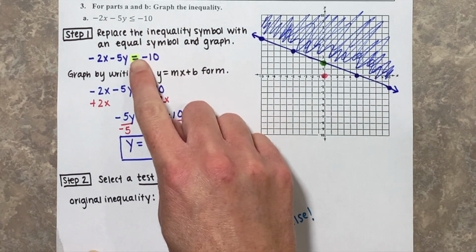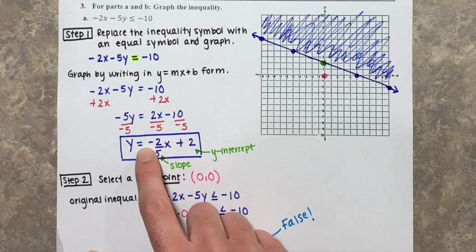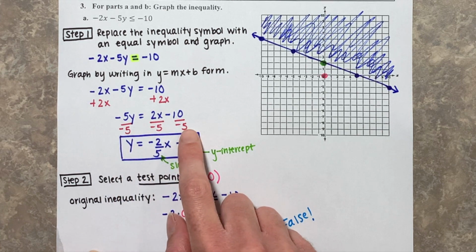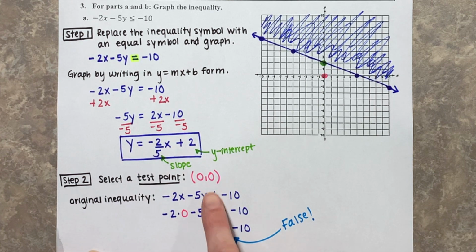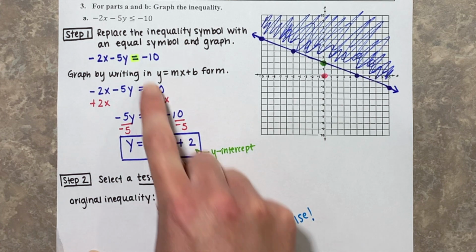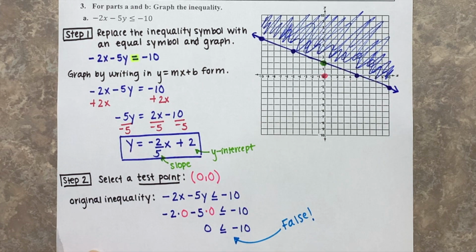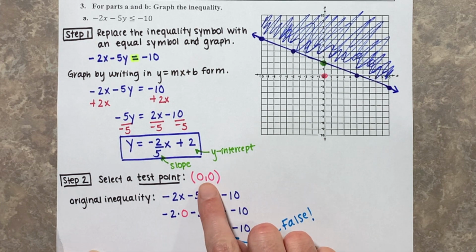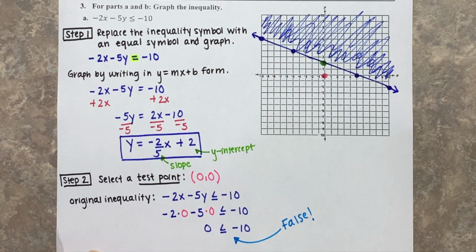If we had maintained that inequality symbol throughout our calculations here, when we divided by a negative, we would have had to flip the inequality right here. Often students will plug the test point into the y equals mx plus b form, and they'll forget to have checked if the inequality should have flipped at some point. So to avoid all of that confusion, I recommend making sure to plug the test point into the original inequality, not the y equals mx plus b form.